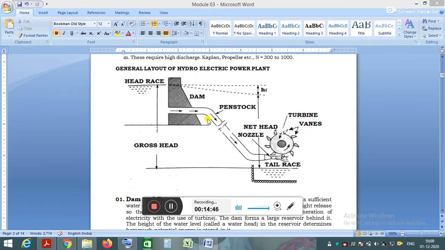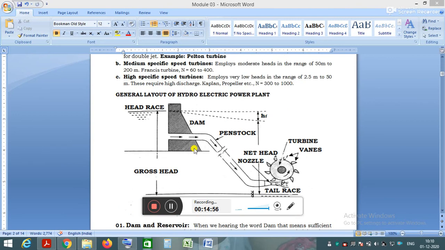Then what is a penstock? A penstock is a large diameter pipe which is used to supply the water from the dam to the turbine.